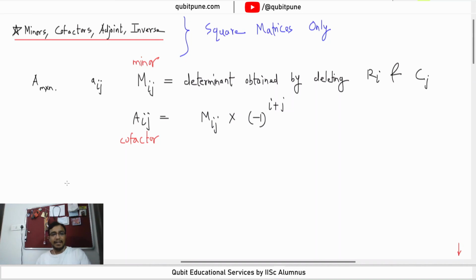How do we define the adjoint of a matrix?